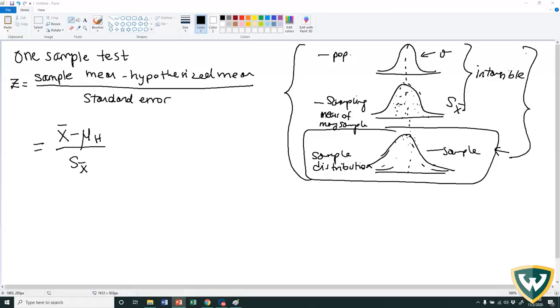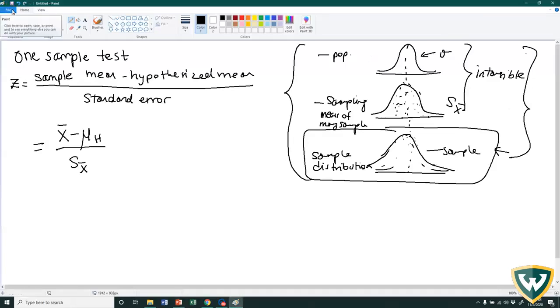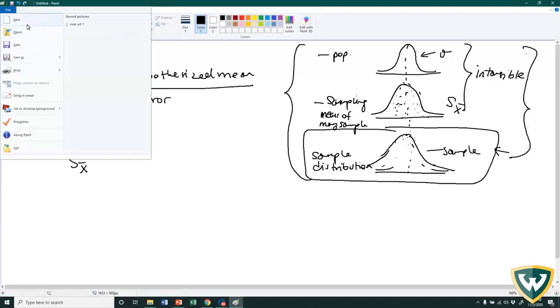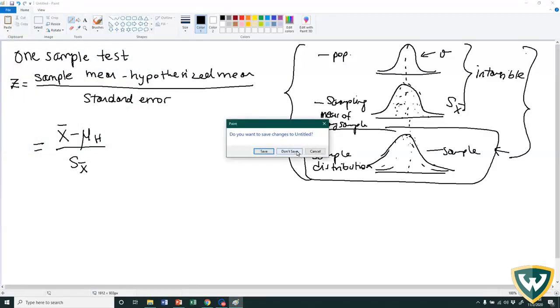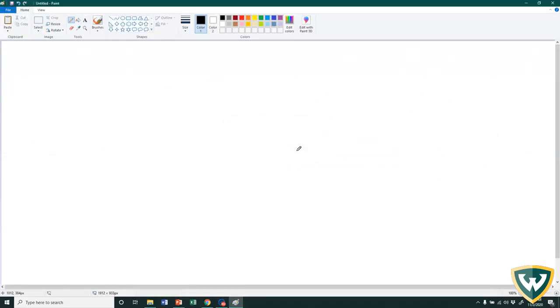So first of all, let's talk about our null and our alternative hypotheses. In one sample tests, your null hypothesis is always H0: mu is equal to the hypothesized mu, or test value.